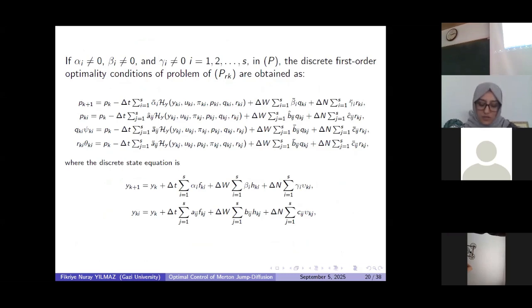And the most useful advantage of this technique for us is to get adjoint variables P and Q directly. I mean, we have a chance to solve P and Q without using any extra derivation.